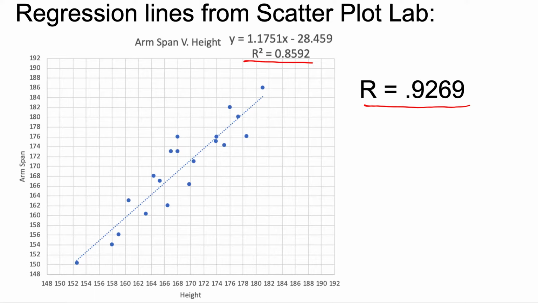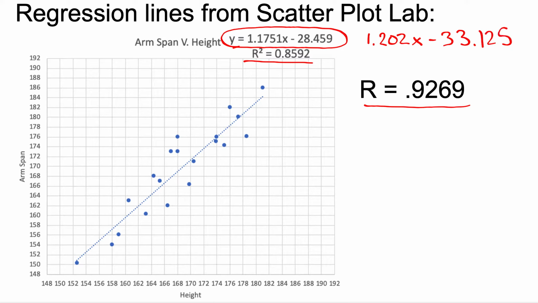And notice the slope of that line is really close to 1. Now I think when we did it on my answer key, the equation I got here was, I believe, 1.202x minus 33.125.